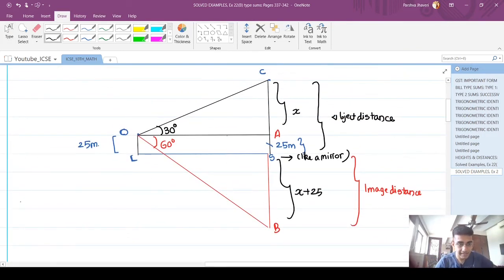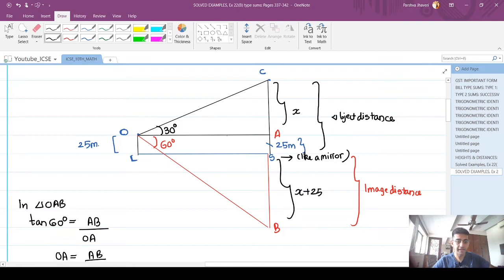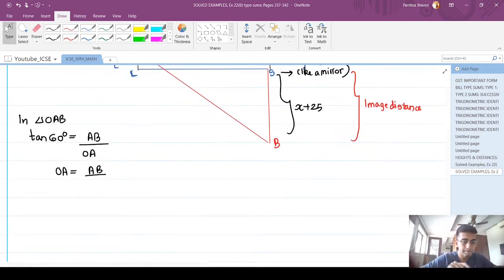Firstly, in triangle OAB, tan 60 degrees is opposite, that is AB, upon adjacent, that is OA. So OA is equal to AB divided by tan 60.